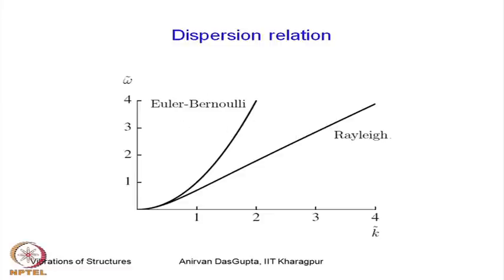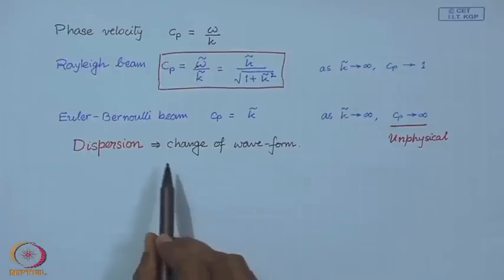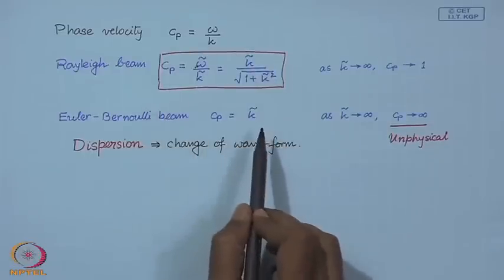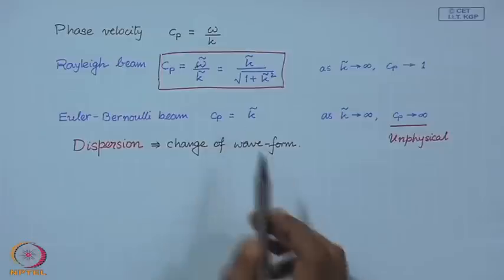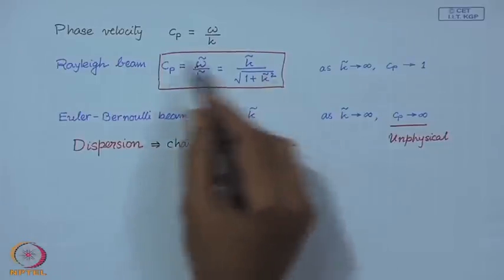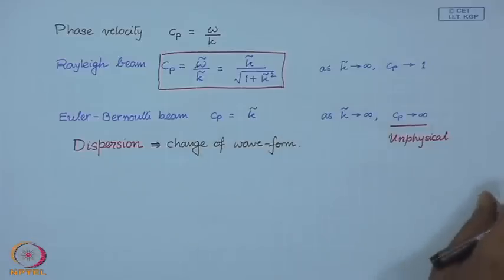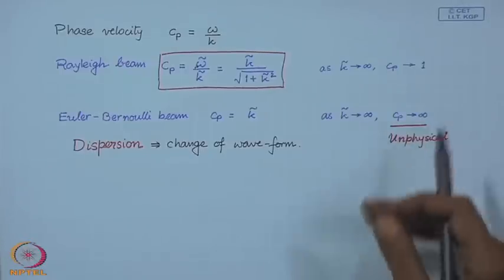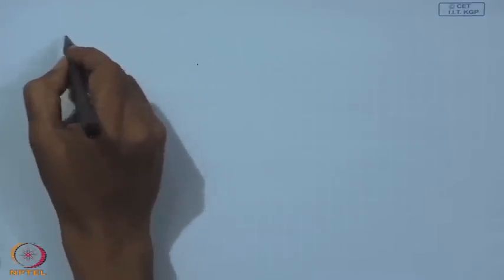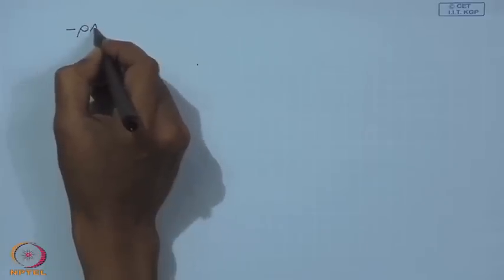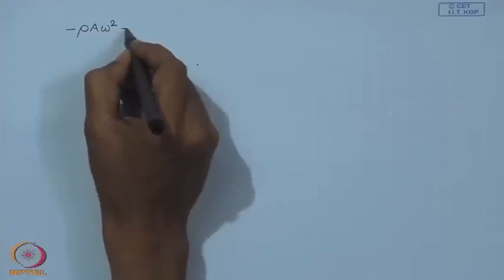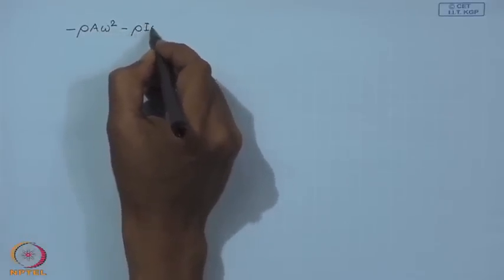Now, we have looked at this dispersion relation, and now let us calculate the waves that can propagate in the beam. So, for that we are going to once again, let me write down the dispersion relation once again.